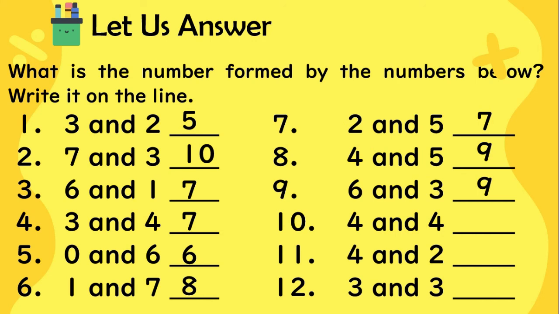That will be 8. Number 11, 4 and 2. That will be 6. And number 12, 3 and 3. That will be 6. Very good. So you know now how to compose and decompose numbers.